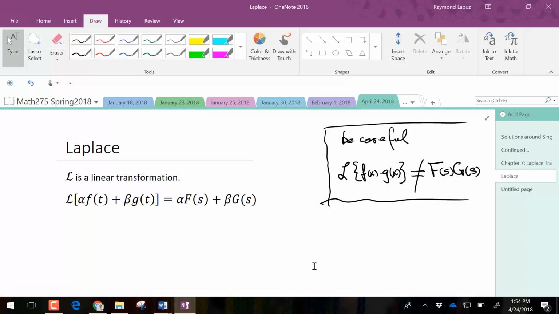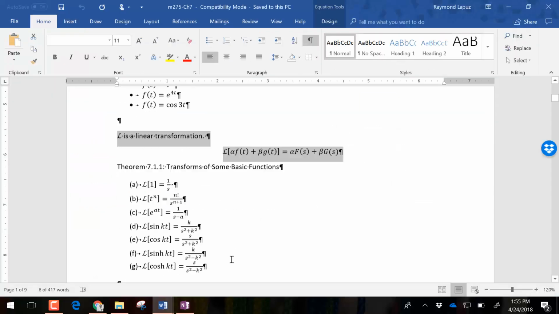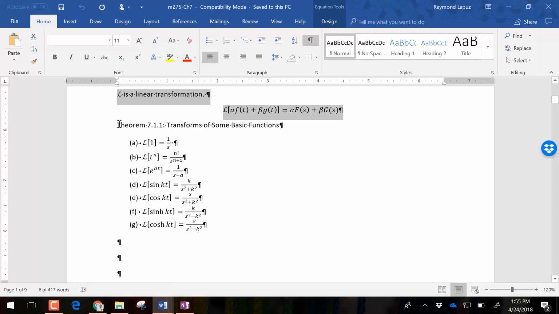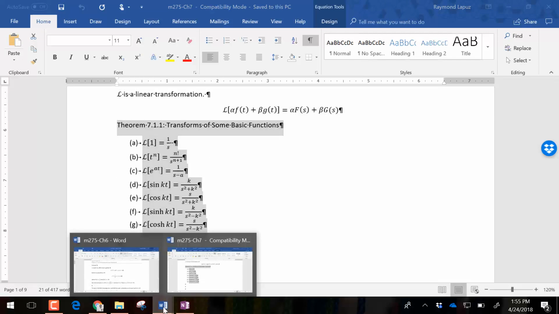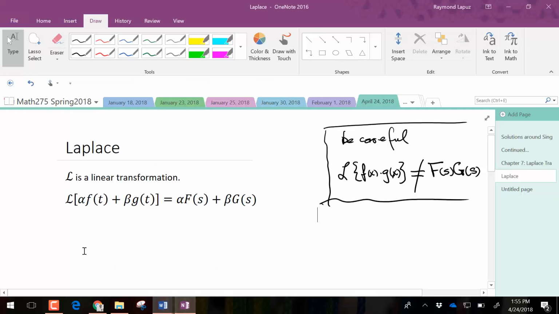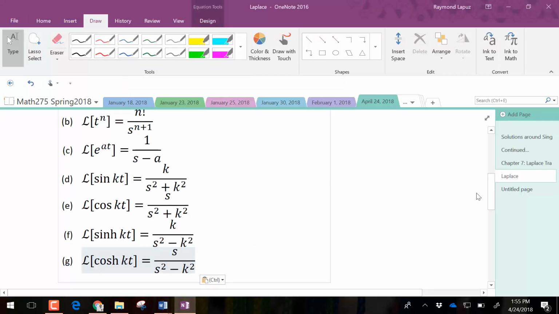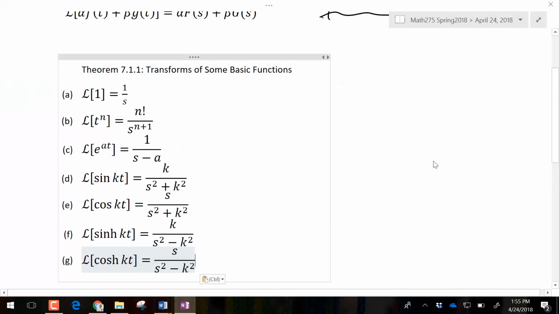All right, we have a table of Laplace transforms available for you. We have the basic exponential function.